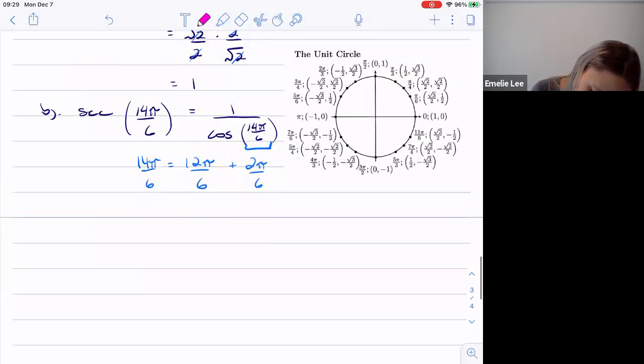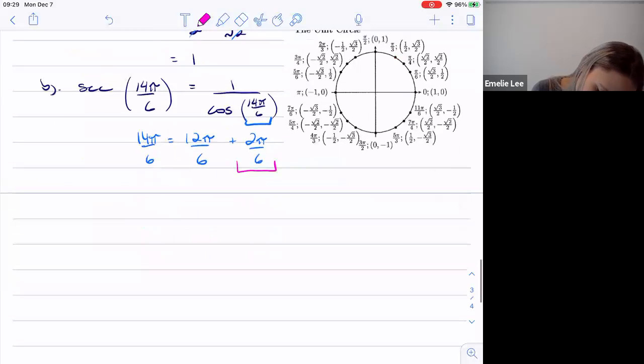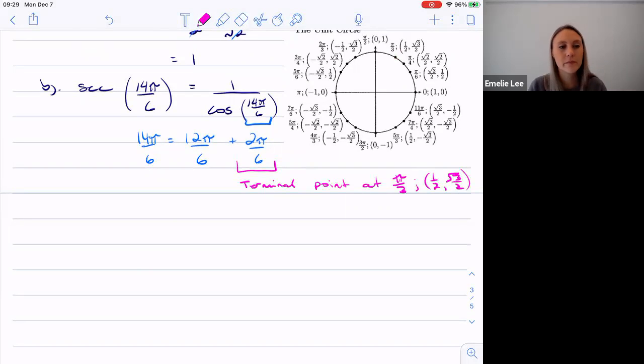So here, the terminal point at pi over 3 is 1/2, root 3 over 2. So 14 pi over 6, we chiseled it down until we had just pi over 3, and we have this terminal point.